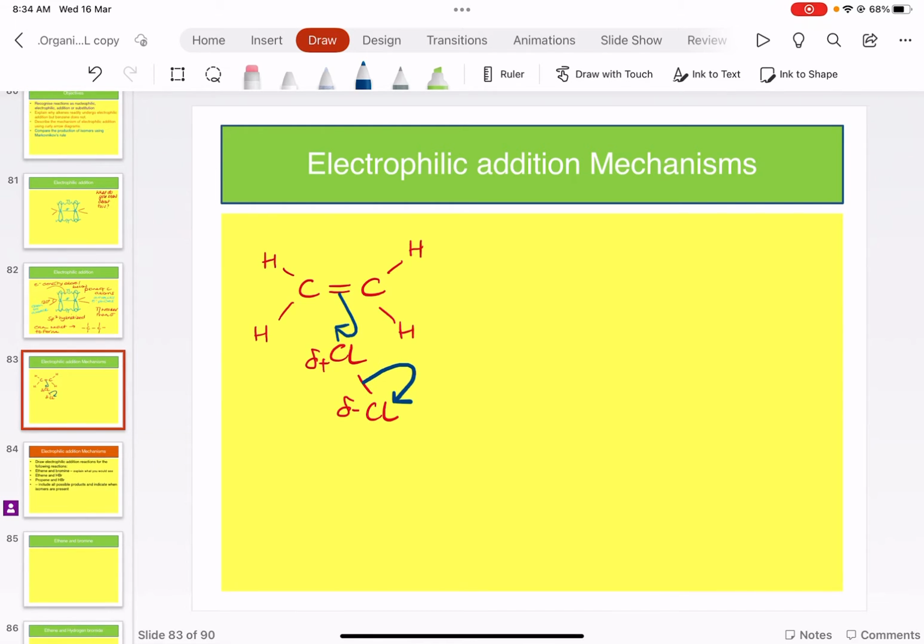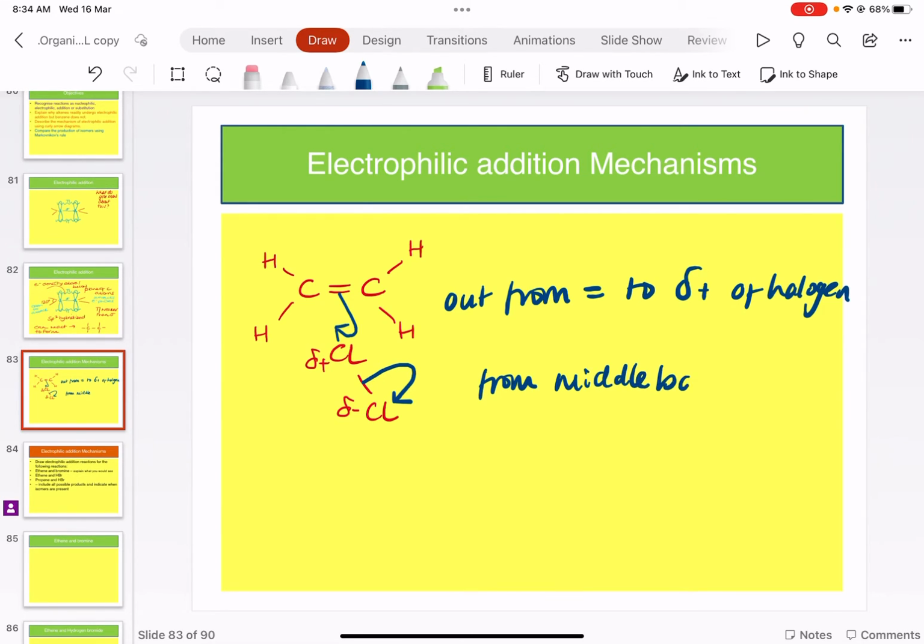Okay, key things here are the direction of the arrow. It comes out from the double bond to the delta plus of the halogen. And then the second one is the arrow comes from the middle of the bond, so it's literally between the 2 chlorine atoms in the molecule, from the bond and to the delta negative halogen.